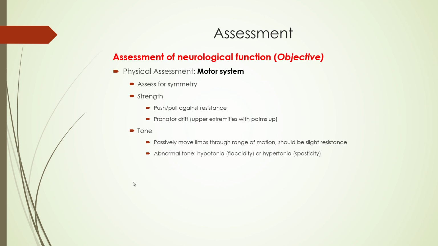Okay, so moving on to the motor system. The first thing you would do is assess for symmetry. That is oftentimes a visual assessment. Do I see that the motor system seems to be the same on either side? The next one would be strength. So we often do push-pull against resistance, and that's important when it comes to strength, is having resistance.